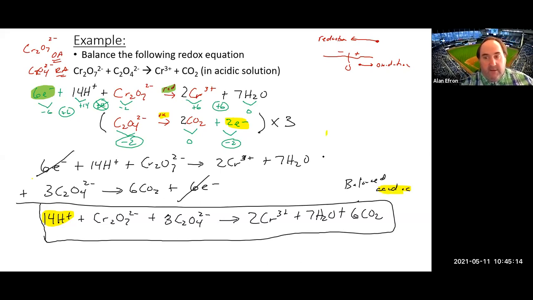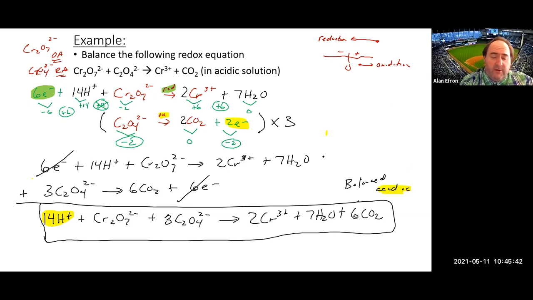On the left-hand side, we have 14 hydrogens, right-hand side, 14 hydrogens. Left-hand side, 2 Cr, right-hand side, 2 Cr. Left-hand side, 12 and 7 gives 19 oxygens. Other side, same deal, 12 and 7 gives us 19 oxygens, and 6 carbons on each side. So we're balanced again in terms of the elements.